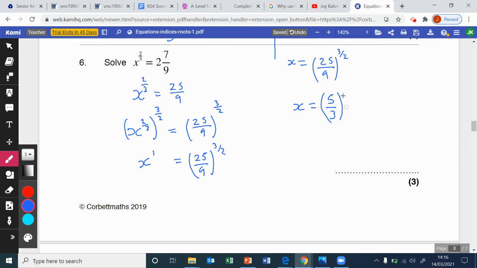Then I'm cubing that result. 5 cubed is going to give me 125, and 3 cubed is going to give me 27. So I have that x is equal to 125 over 27. Alrighty.